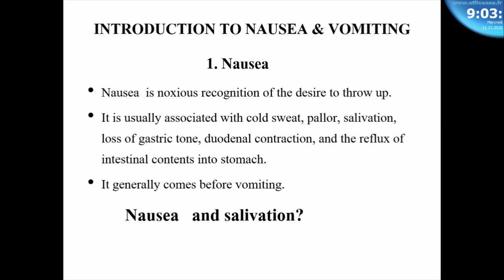When you are nauseated, you have overproduction of saliva. Remember, in saliva we have many things, but let us talk about bicarbonate. When you have overproduction of saliva, you are increasing the amount of bicarbonate in that saliva.